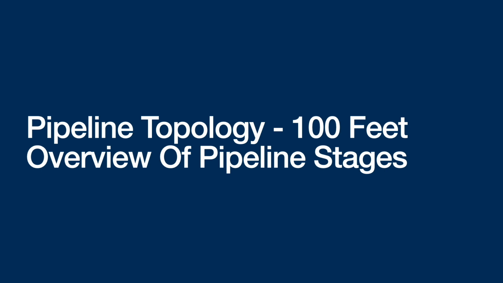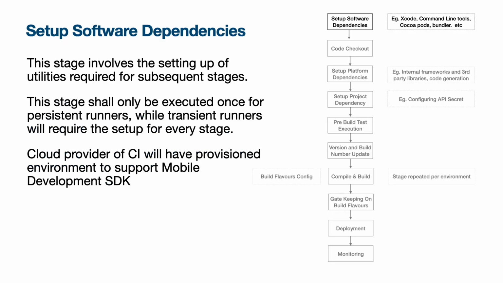The stages shown in the further slides are not mandatory. Rather, based on the context of the project, you would be able to decide and define what is appropriate for your project. We'll start with the first stage, setup software dependency.